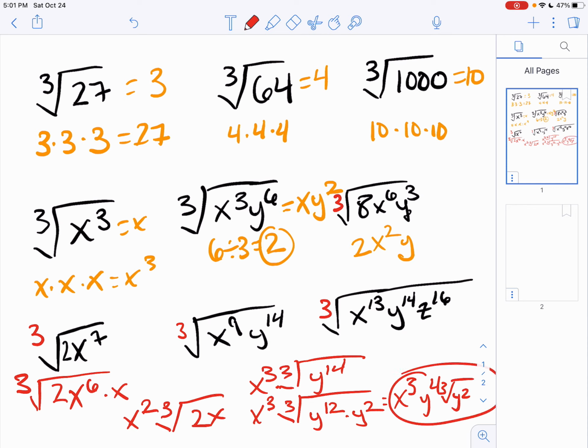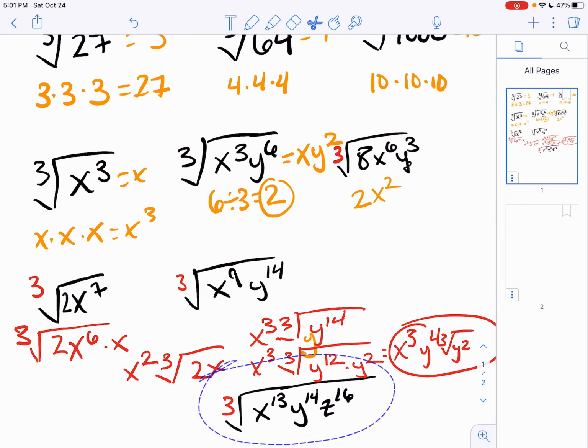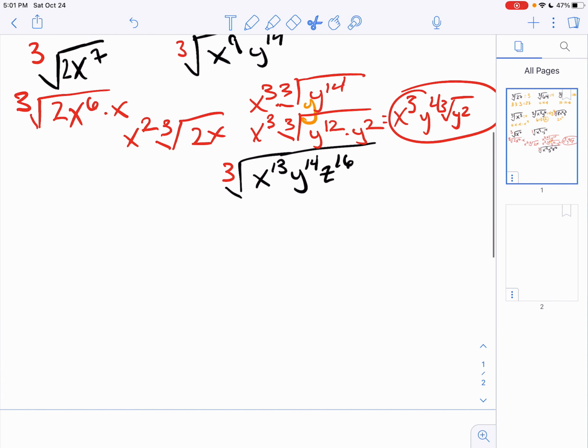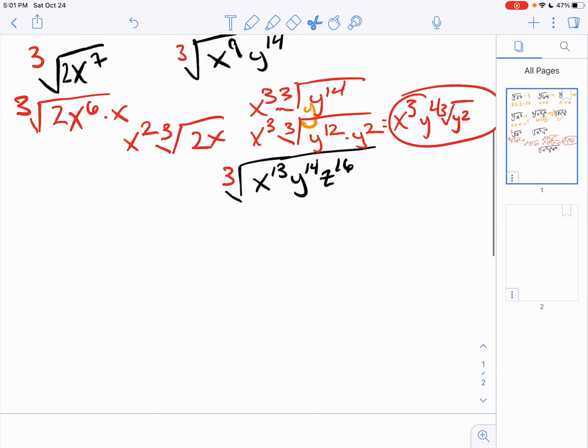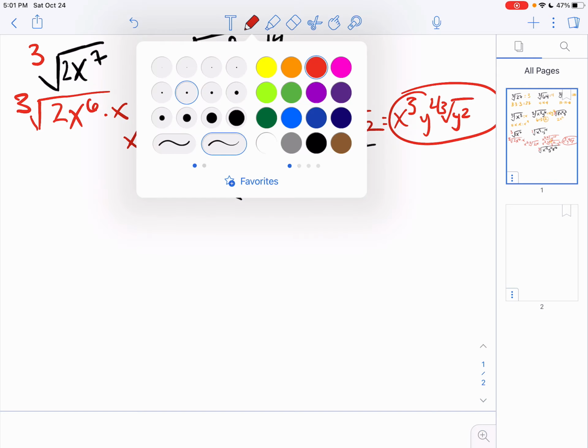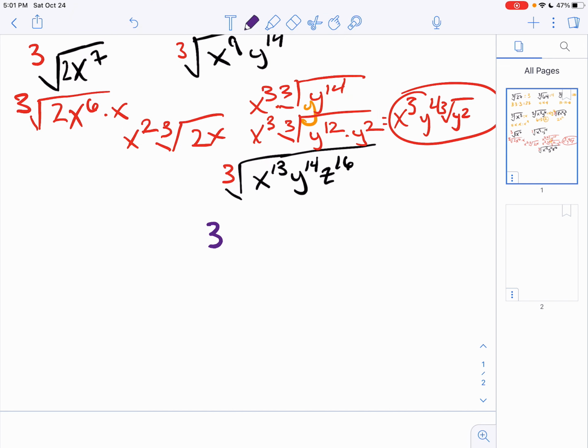And for the last one, x to the 13th is not divisible by 3. So I'm just going to change it like I've been changing things.